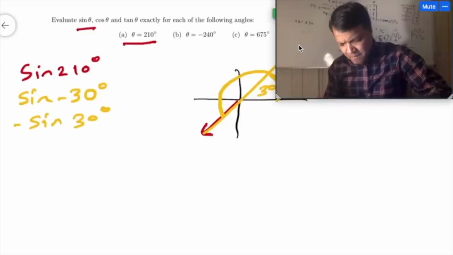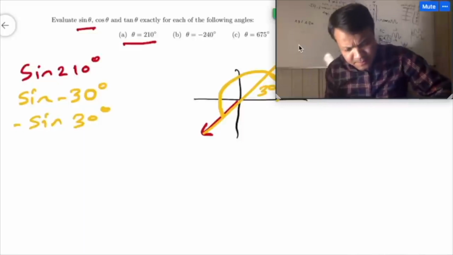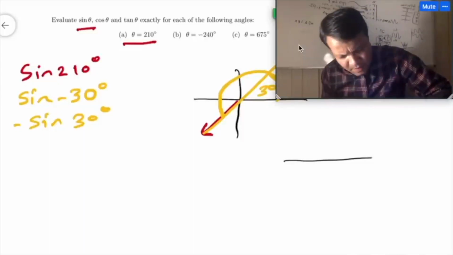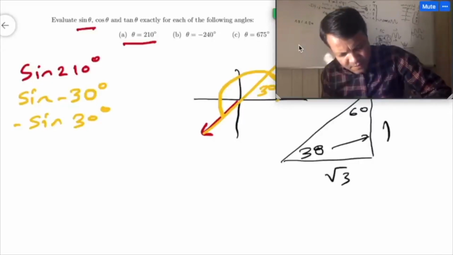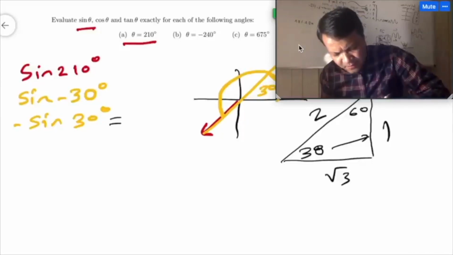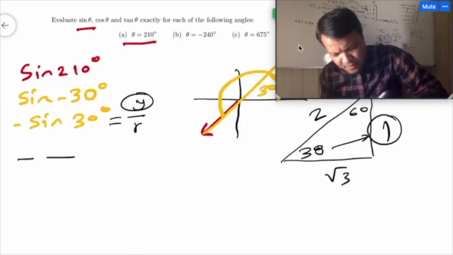What does that mean? If you have a 30-60-90 triangle, this is 1, this is square root of 3, and this is 2. Sine 30 degrees is y over r, so negative, y is 1 and r is 2.